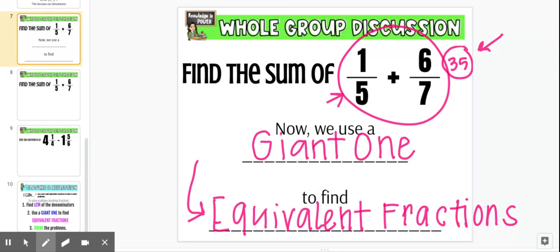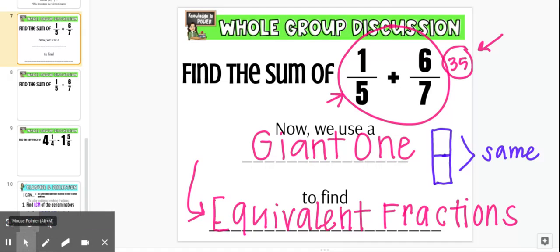And remember when you're doing giant 1, it kind of looks like this. These are the same. And we're able to do this because it equals 1, and anything times 1 is itself, so it won't change its value.